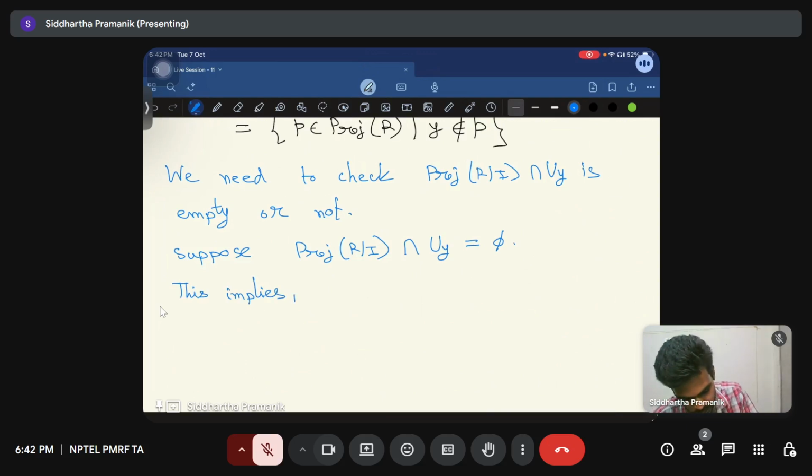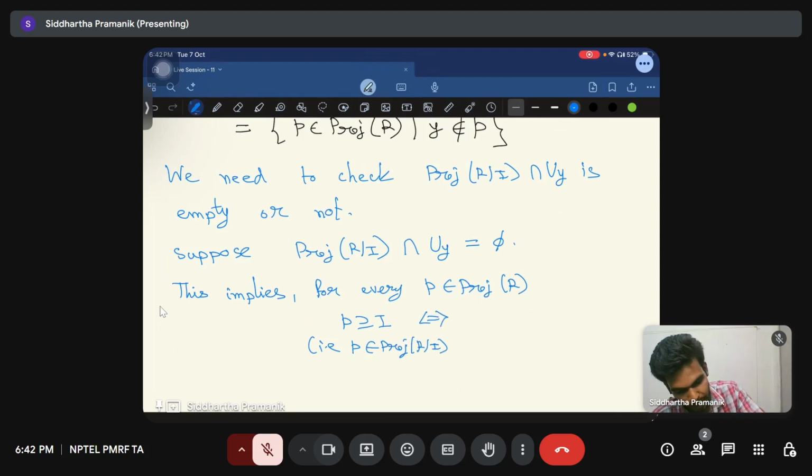This implies for every P belonging to Proj of R, P contains I, that means P is in Proj of R mod I, if and only if P is not in U of y, if and only if y belongs to P, because this intersection is empty.